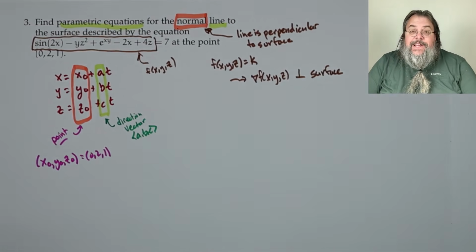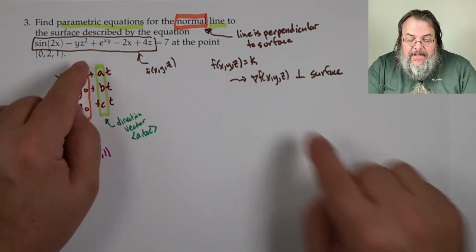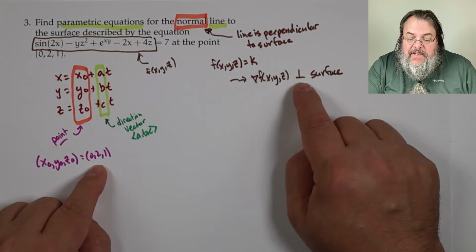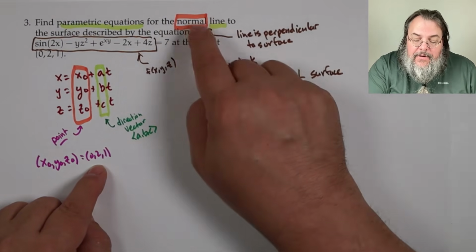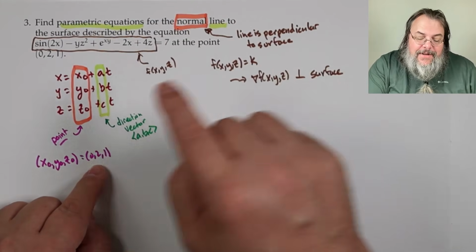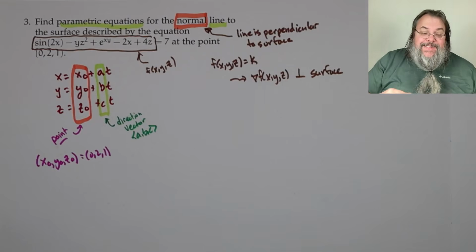So our great aha is we have our function. What we need to do is take the gradient at that point, which is perpendicular to the surface. Our normal line needs to be perpendicular to the surface, and therefore the gradient is our direction vector. Okay, so that's how it all ties together.